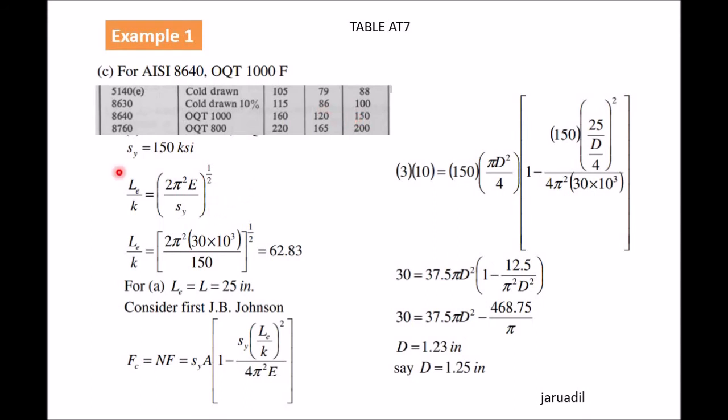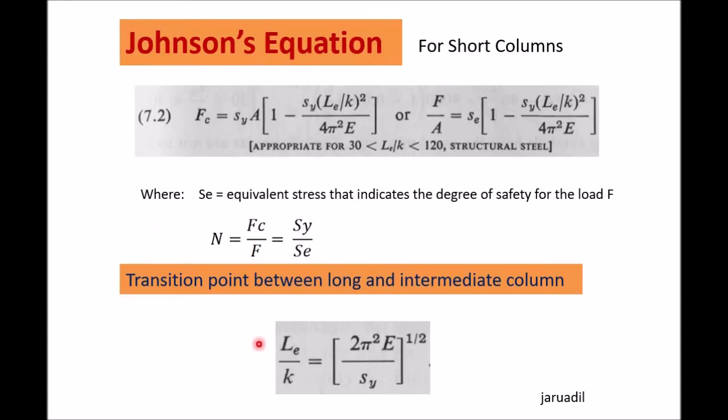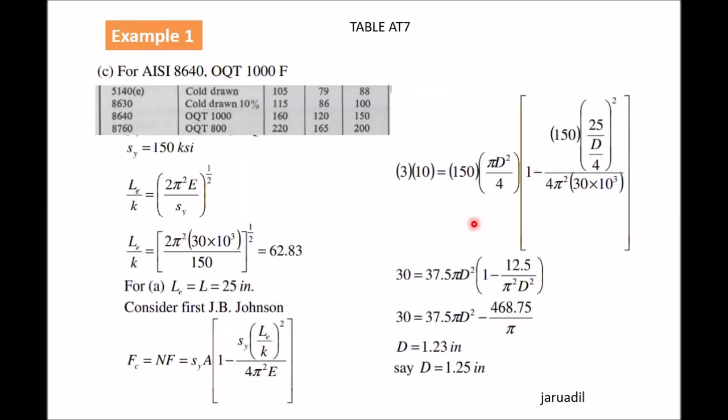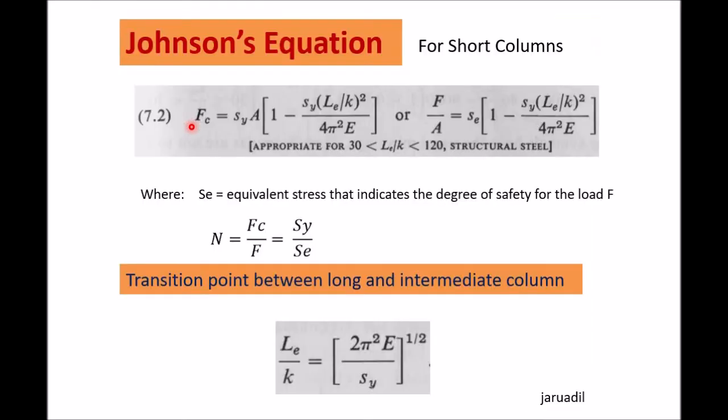So, here, tingnan natin yung intermediate. Diba, meron tayong formulang sinabi, yung transition point between long and intermediate column, which is LE over K equal to this formula. So, using this material, AISI 8640, we can compute for the transition point between the Johnson and the Euler's equation, which is, ito nga sabi ko sa inyo, yung formulang ito, transition point.